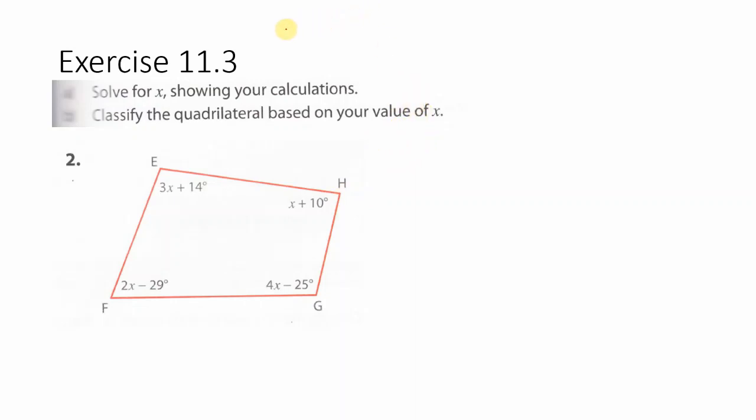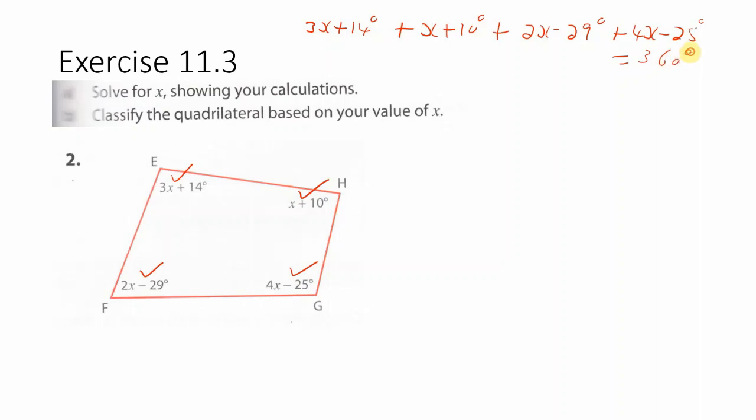So that's our statement. So we can say therefore 3x plus 14 degrees, which is angle E, plus x plus 10 degrees, which is angle H, plus 2x minus 29 degrees, which is angle F, plus 4x minus 25 degrees equals 360 degrees.